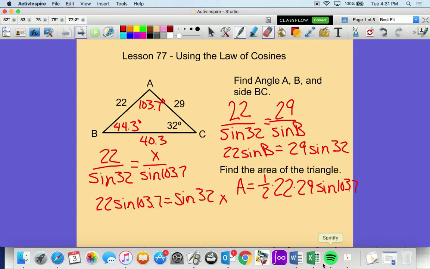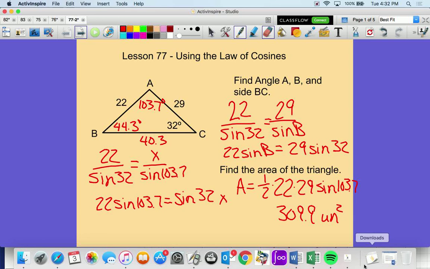When we do that, we get 309.9, and we don't have a label, so it's units squared.